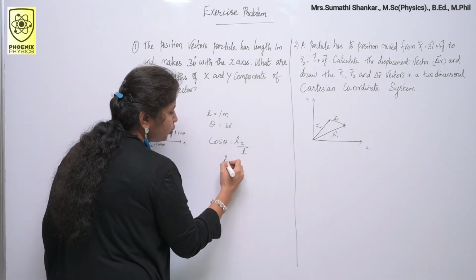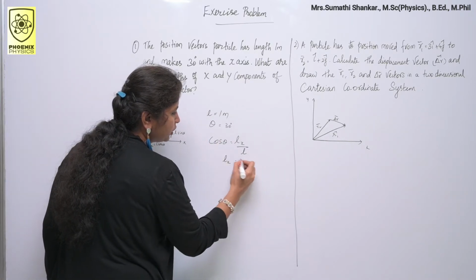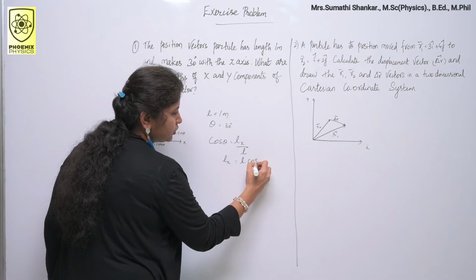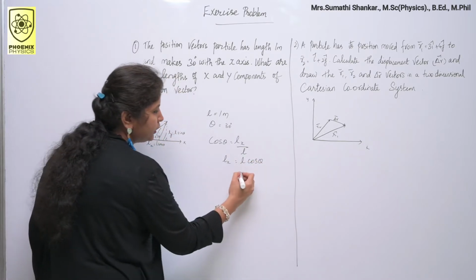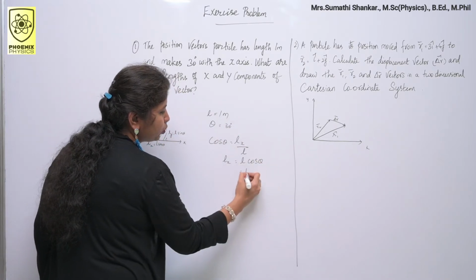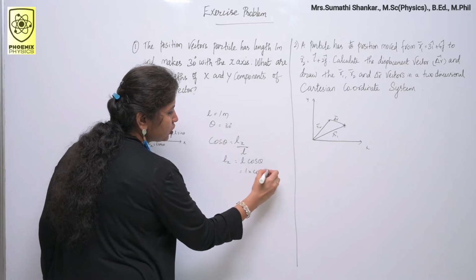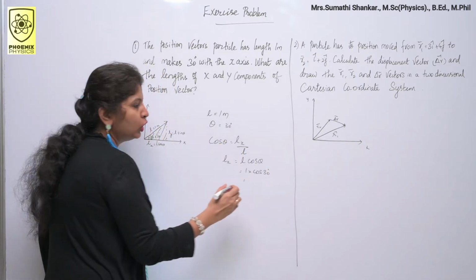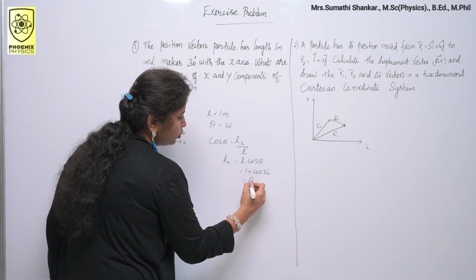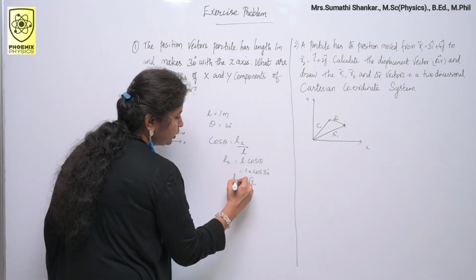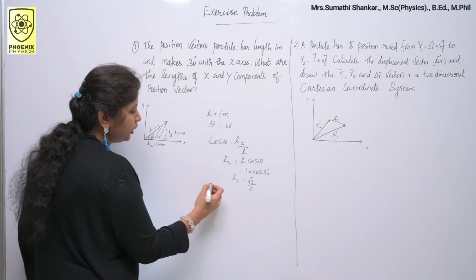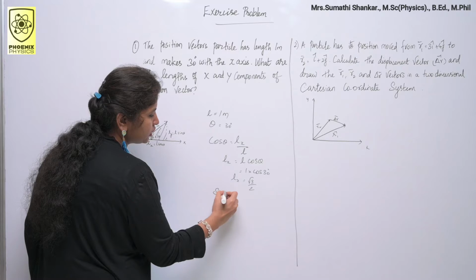So if I want to find Lx, it means L cos theta, right? Here L is 1, cos 30 degrees. What is cos 30 degrees? That is root 3 by 2. So the Lx value is root 3 by 2. Similarly, I want to find sin theta also.